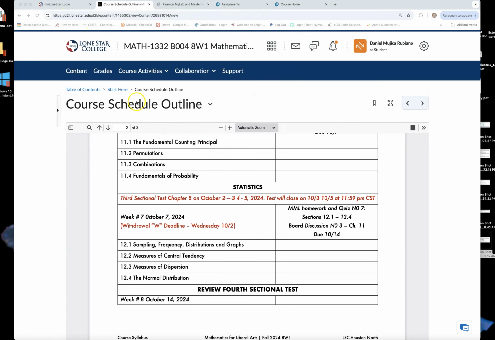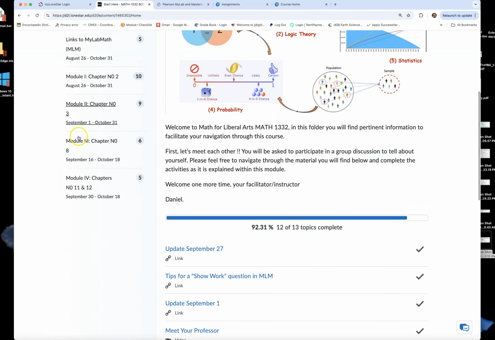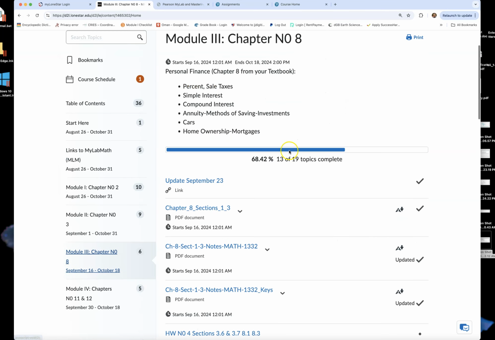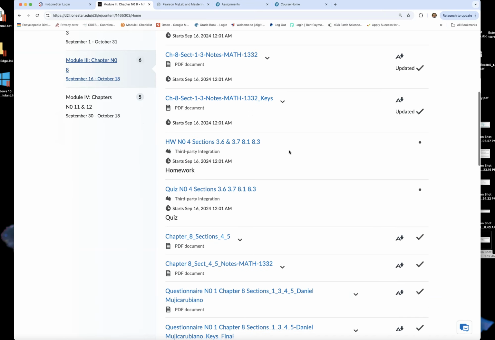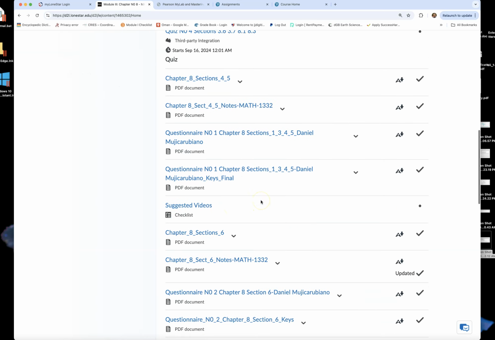Perfect. Let me now make a couple of comments about module number 3, which is chapter number 8. During this week, I'm going to include the keys, because I didn't include them before.